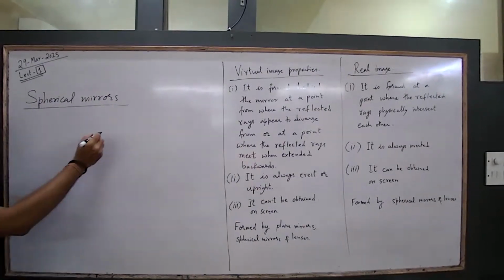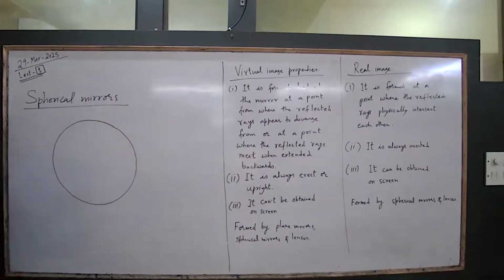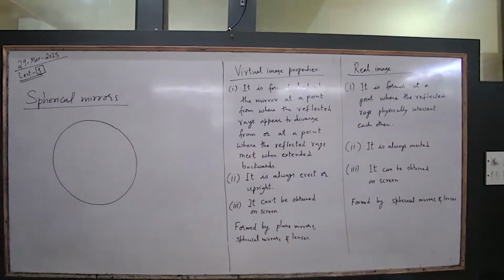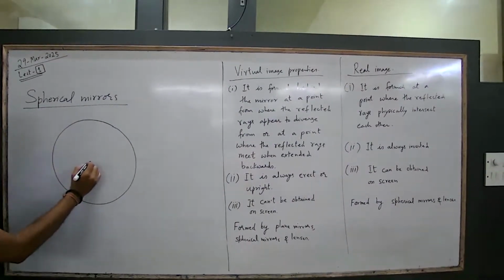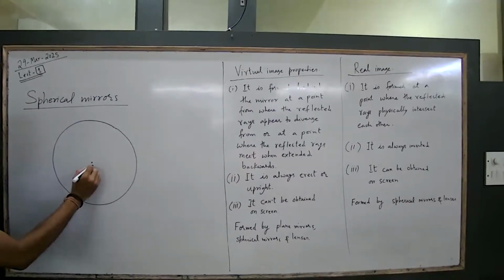Spherical mirrors are made from a hollow glass sphere. This is a hollow glass sphere. Obviously it will have a center. That center is marked as C.